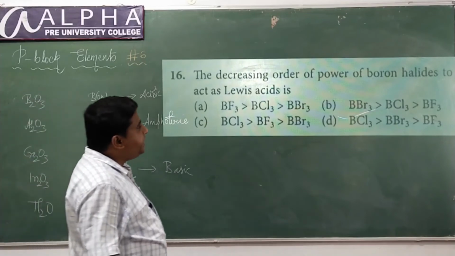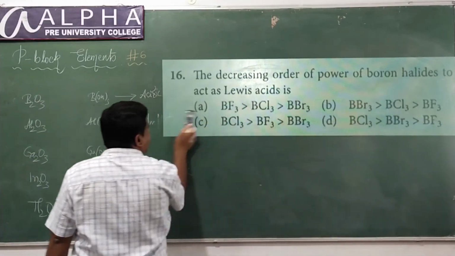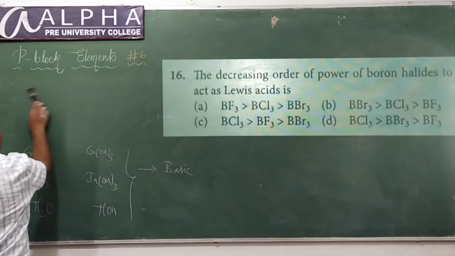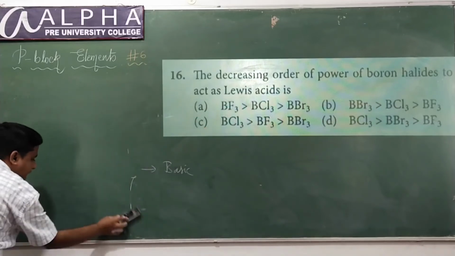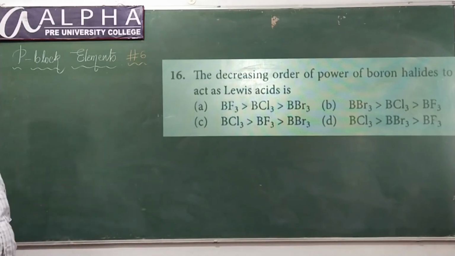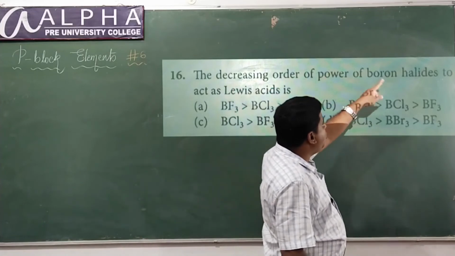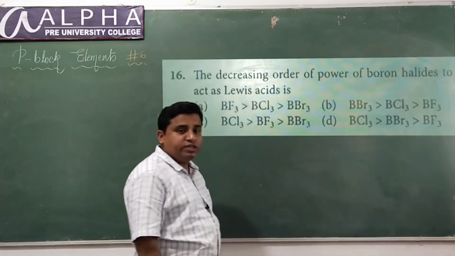What is the decreasing order of power of boron halides to act as Lewis acids? I have discussed this already, clearly in my video lecture 5.